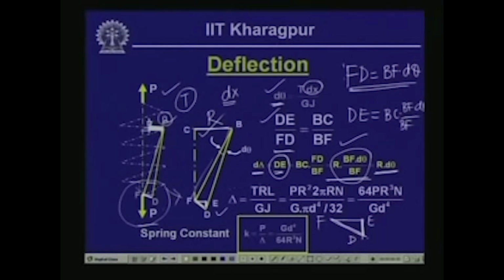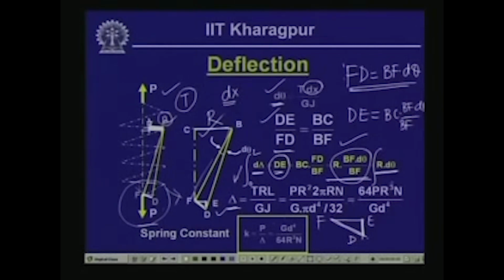Now, if we sum up all these deformations in the entire spring coil, we integrate R d theta over the entire length of the spring, and thereby we get the total deformation, which we have designated as delta.